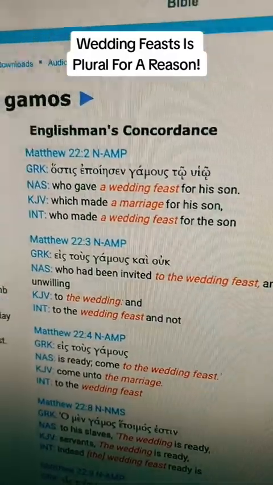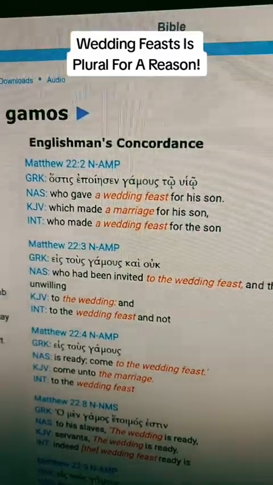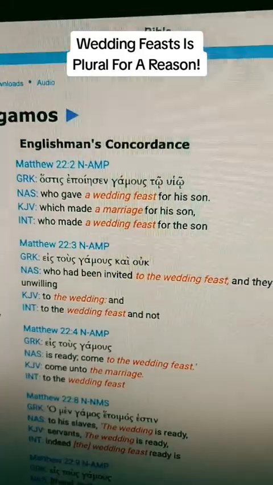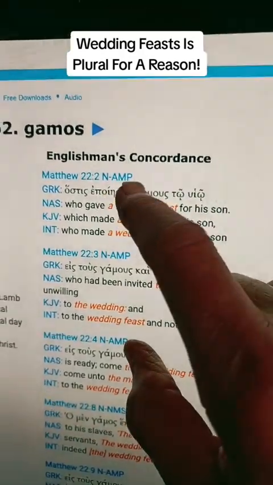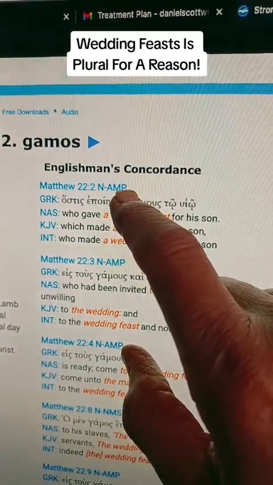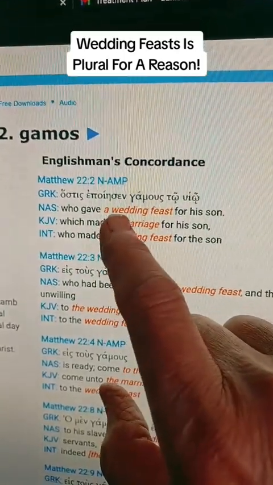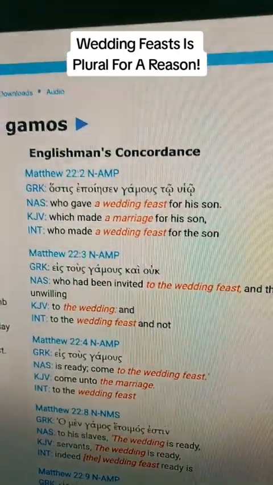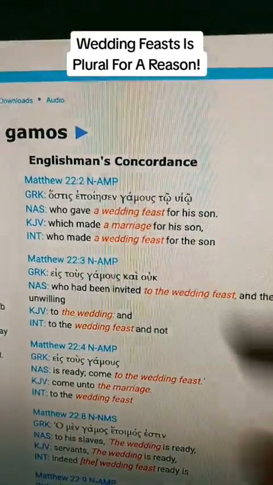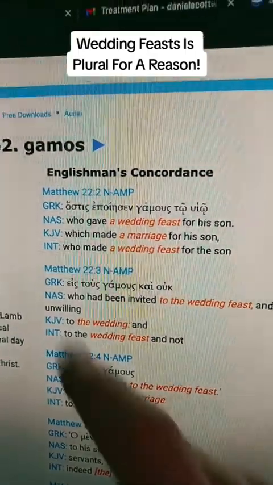So keep this in mind when you're considering other translations, because as you see here, the P indicating the plurality of the word wedding is ignored. The plurality is ignored here.